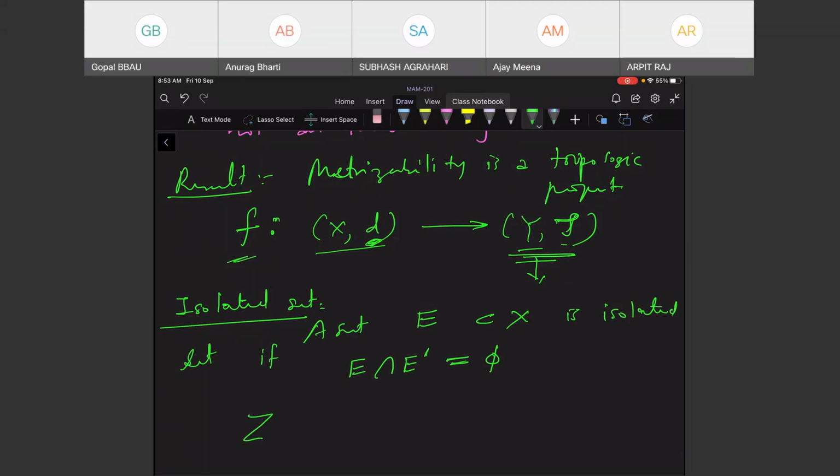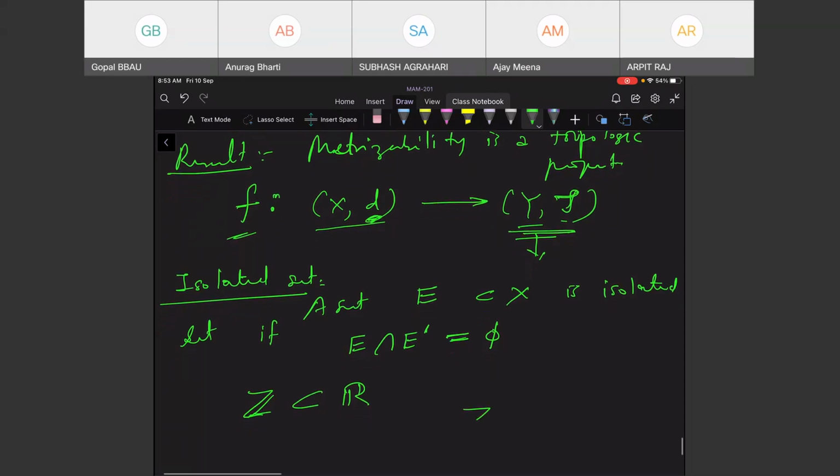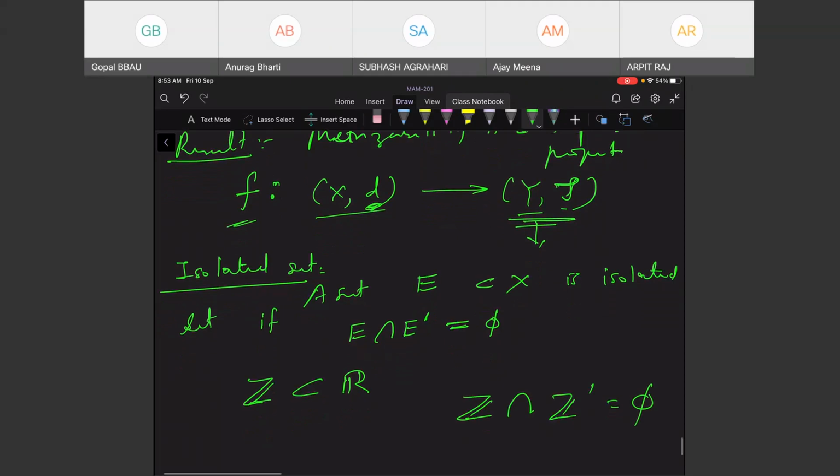So for example, the set of integers in R is an isolated set, because when you take the intersection of Z and its derived set, you get the empty set, because integers do not have a limit point.